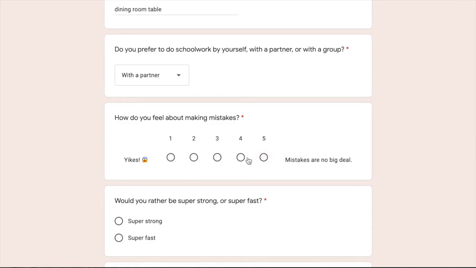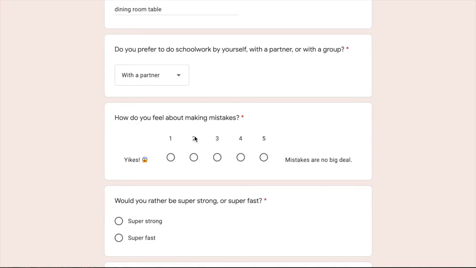You could choose in the middle, like you're saying both of them, it depends. Maybe you're like, they're kind of no big deal unless they're a big mistake, and you would click here. This kind of question lets you choose how much to one side of a question or the other you feel.